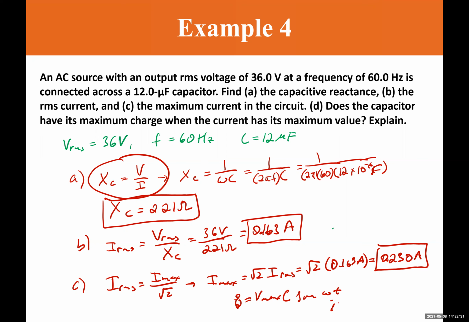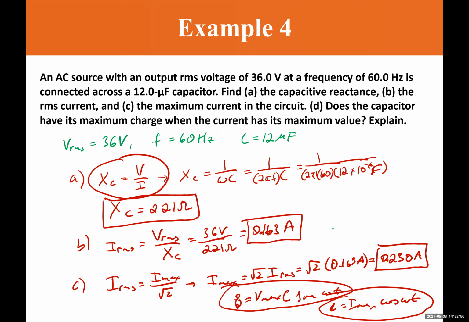But for the current, that was I max times cosine omega t. Those two are out of phase, which means the maximum charge and maximum current never happen at exactly the same time, because the current is the derivative of Q, which ends up being cosine omega t, out of phase by 90 degrees.